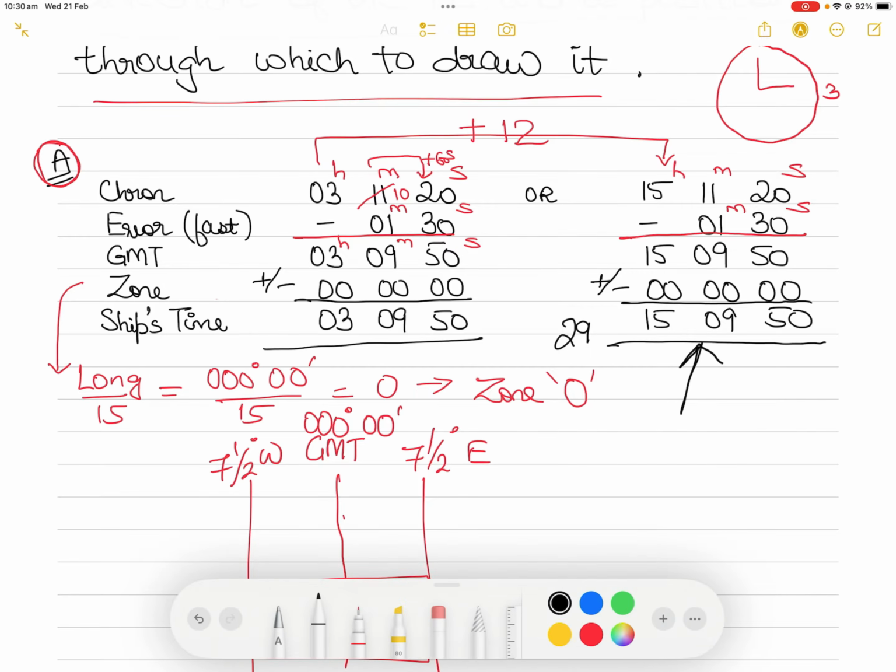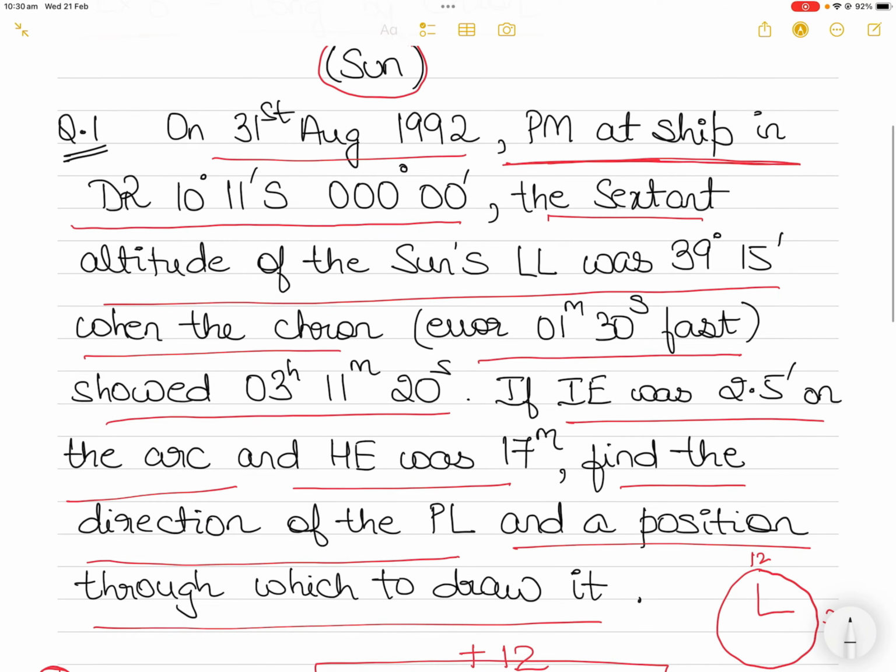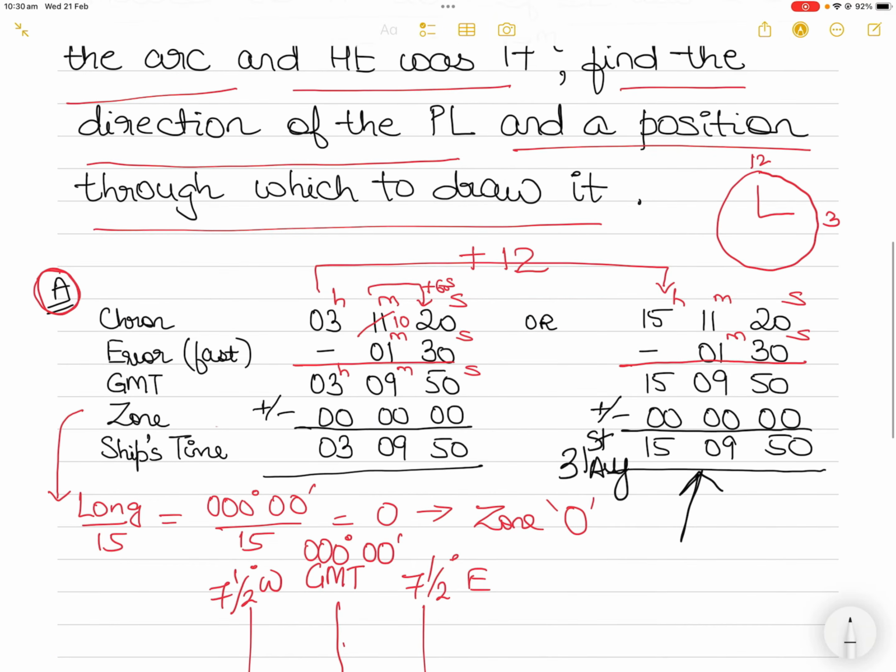Sorry, I don't have 29th November, it's 31st August. I'm mixing it up. So 31st August it is, not 29th November. So 31st August PM is 15:09 and 50. So that is the PM time.